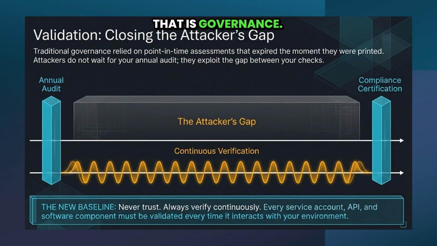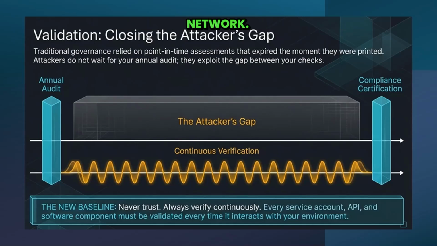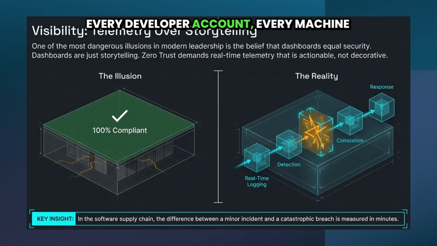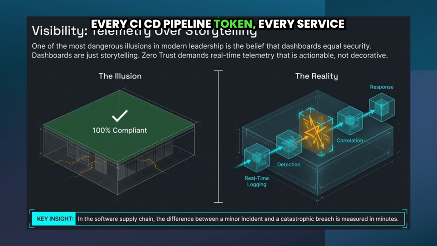That is governance. In the old world, the perimeter was the network. But in the new world, the perimeter is identity. Every developer account, every machine identity, every CI/CD pipeline token, every service account embedded in a vendor's product. Identity is the new attack surface.